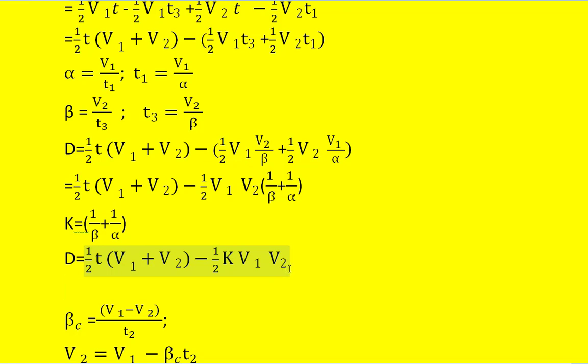So just by knowing the value of V2 and K, we can calculate the distance between the two stops. These two equations, that is V2 and D, are very important to solve the problems based on this quadrilateral speed time curve.